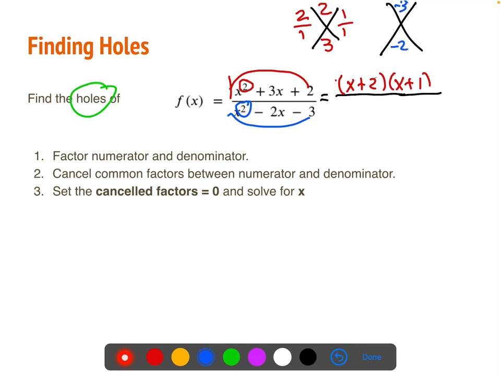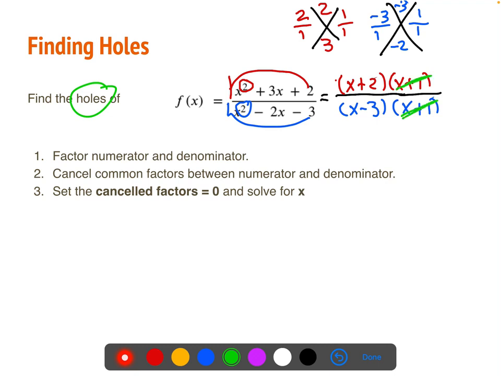I'm going to do its big X. A times C goes on top, B goes on bottom. What multiplies to give me negative 3 but adds to give me negative 2? Negative 3 and 1. Divide by A, which is 1. And look at that, I get x minus 3 and x plus 1. So I just factored the top and bottom.